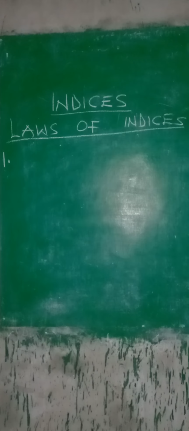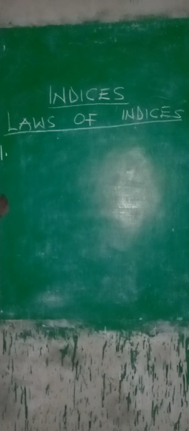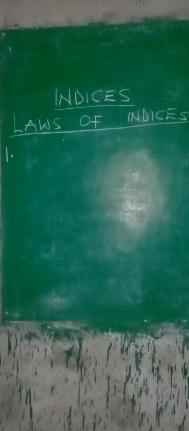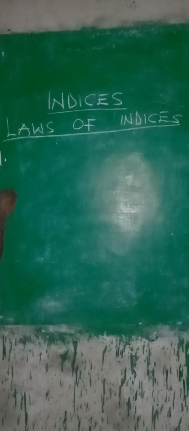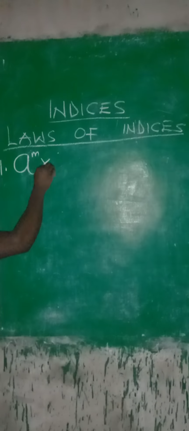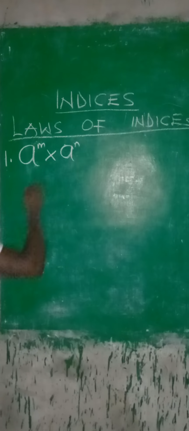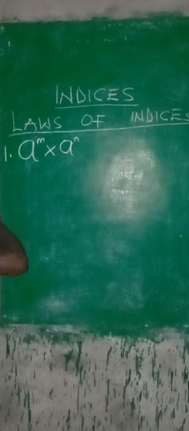The first law says that if the bases are the same and they are multiplying, factor one base out and add the exponents. So let's say a^m times a^n. You factor one base out, then you add the exponents.